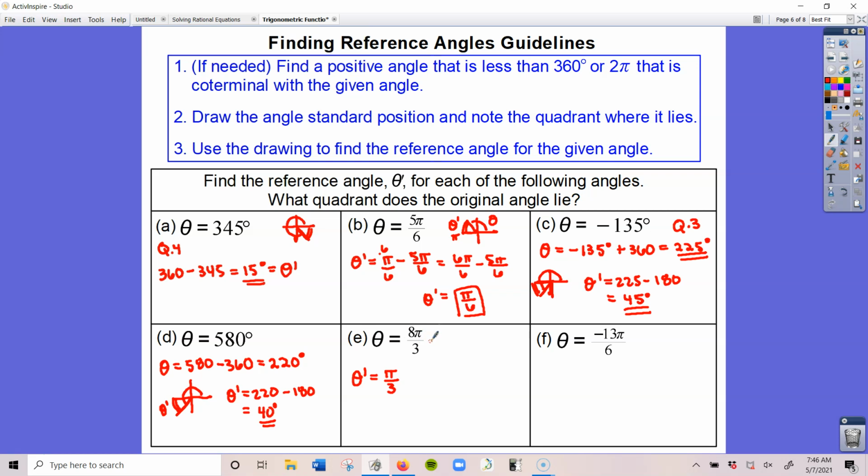So I would have to subtract 2 pi to figure out what quadrant it's in. I'm going to put this over 3, meaning multiply the numerator by 3, and I get 8 pi over 3 minus 6 pi over 3, which is equal to 2 pi over 3. So that is my coterminal angle, and 2 pi over 3 would be in quadrant 2.